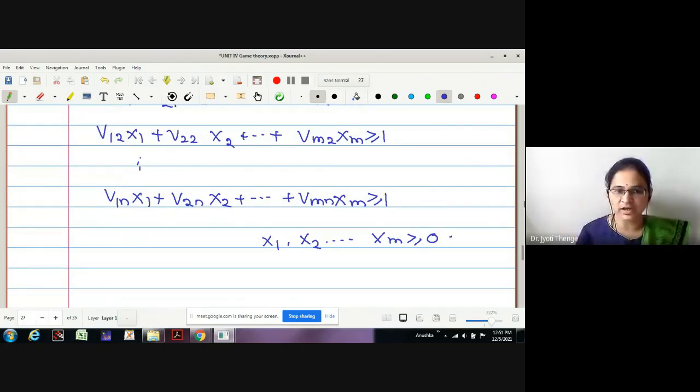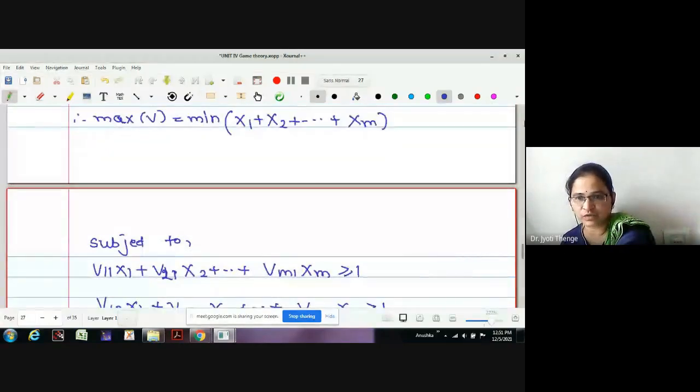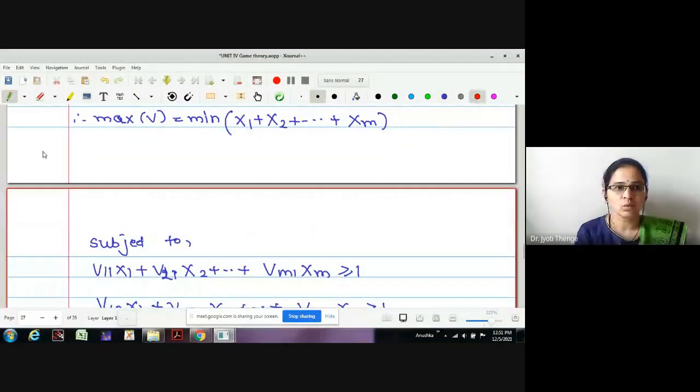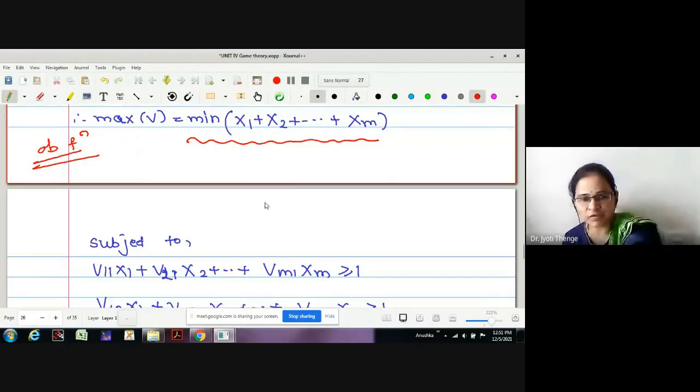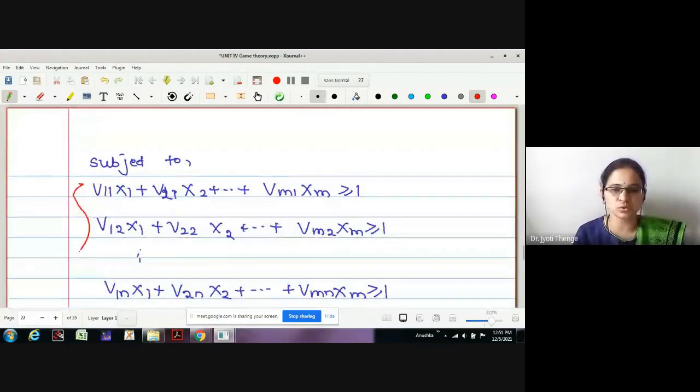Now this is a linear programming problem which has this as an objective function. What is the objective function of your linear programming problem? This is your objective function, the minimum of the sum of variables, subject to how many constraints? N linear constraints. Is that okay?